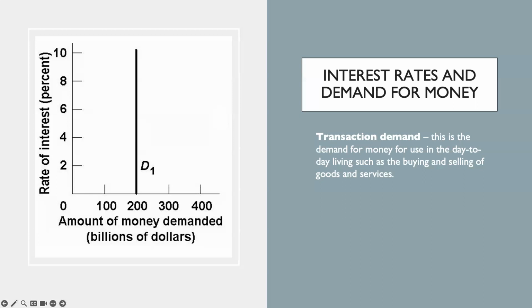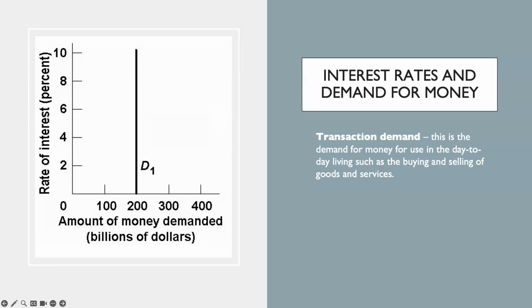For that purpose alone, we need money regardless of the prevailing rate of interest. As you can see from the graph on your left, the transactional demand for money is not affected by the interest rate because of what I have just discussed earlier.